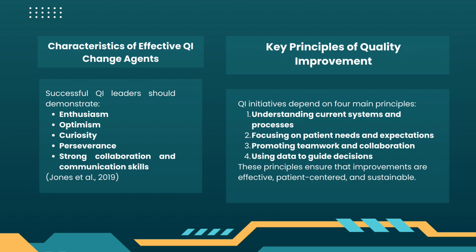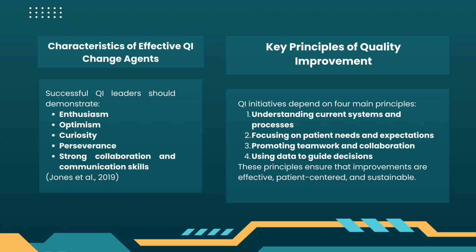Since nga po within a QI project, it requires a team, so kailangan po talaga na there is a strong collab and communication between the members or the experts within their fields.